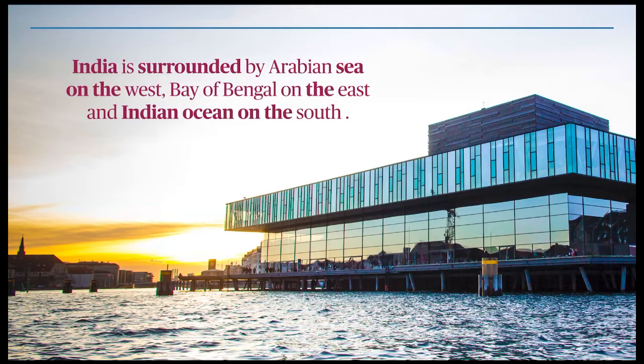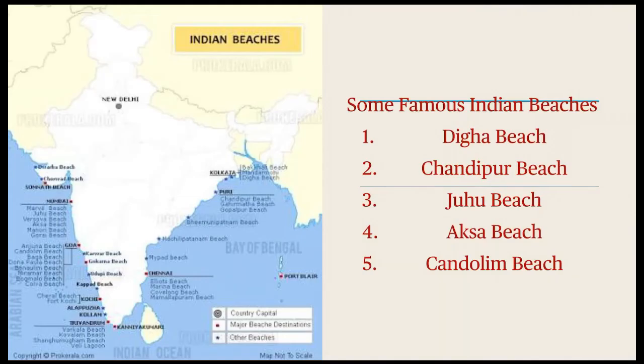Do you know India is surrounded by Arabian Sea on the west, Bay of Bengal, which is also sea, on the east, and Indian Ocean on the south. Let us have a look at the map. Can you see? Here you can see Bay of Bengal. This is Indian Ocean, and here you can see the Arabian Sea.